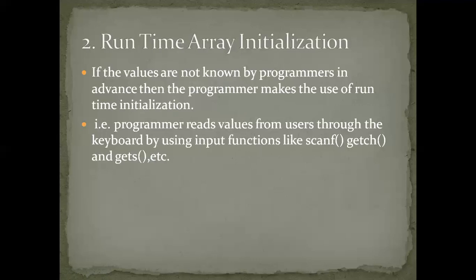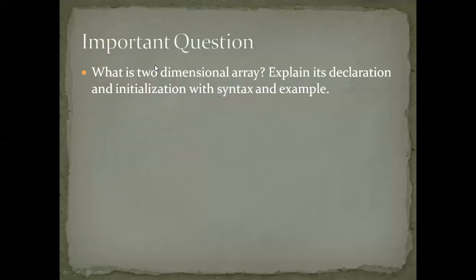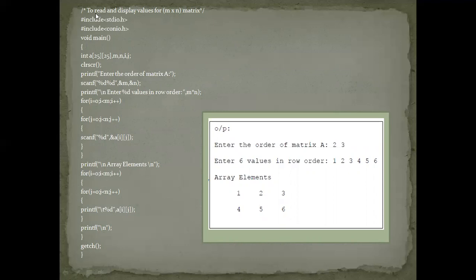We can see one example of how runtime array initialization works. It looks a bit complex, but it is a very simple and easy program. This program reads and displays values for an m into n matrix. Try to understand this program, because in the examination you can expect one program on this array concept.